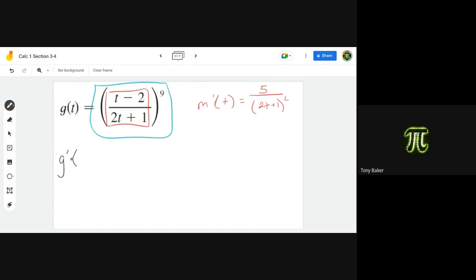So g prime of t: 5 over 2t plus 1 squared, times 2t minus 2 over 2t plus 1 to the 8th.